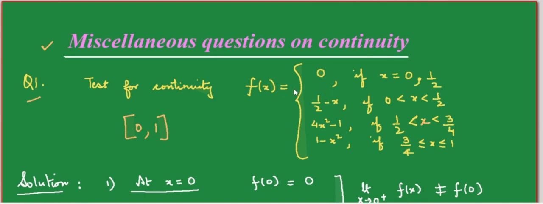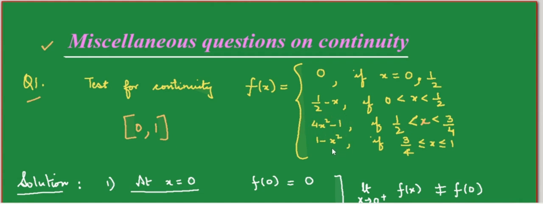Now for testing continuity of such functions, we always test continuity carefully at the breakpoints, because on the different subdomains we can see, this is a linear polynomial, so on (0, 1/2) it is very much continuous. Similarly on (1/2, 3/4), it's very much continuous, being a quadratic polynomial.